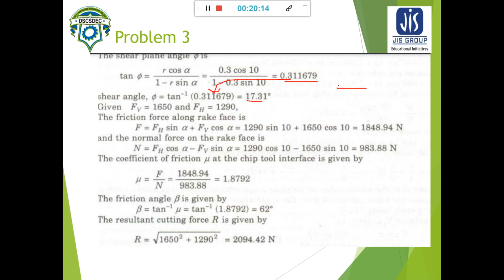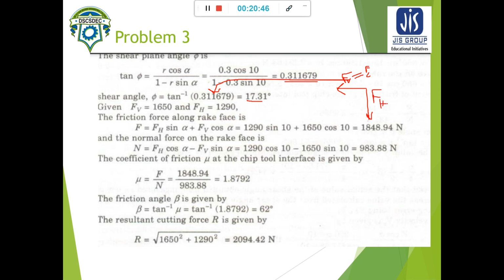See, this is your horizontal force and this is your vertical force. The vertical force is nothing but the cutting force, FC, and the horizontal force is nothing but the thrust force. FH is the thrust force.